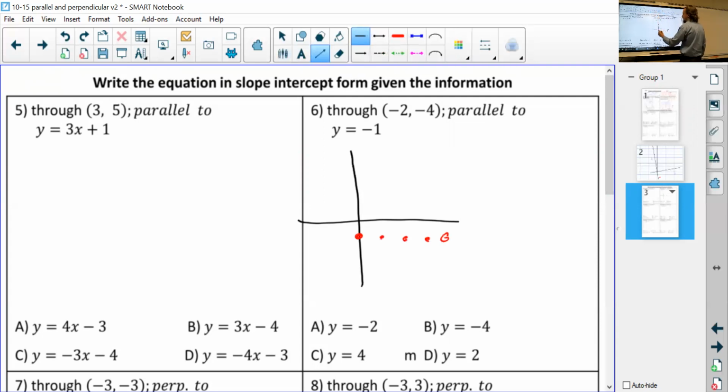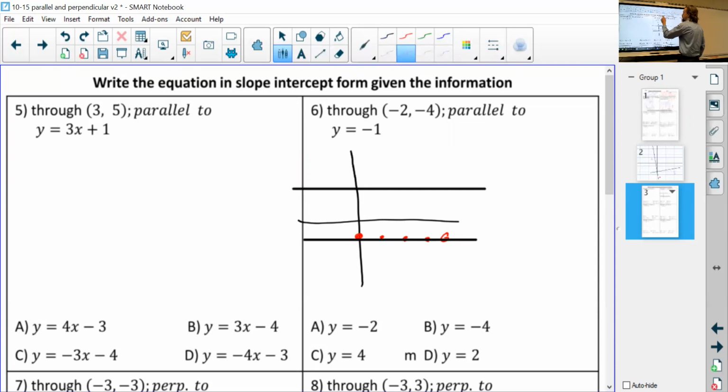So that is a horizontal line. And if it's parallel to that, it's going to be another horizontal line. So it's also going to be y equals something, but it has to go through this point, -2, -4.